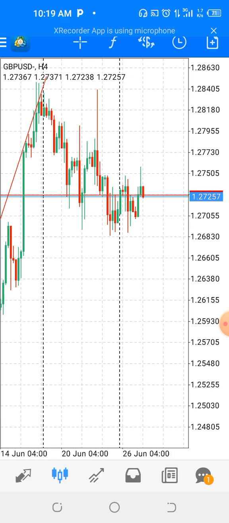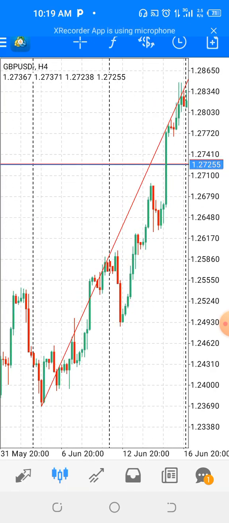So that is it. So we just talked about the trend and then the swing and then higher high and the lower high.